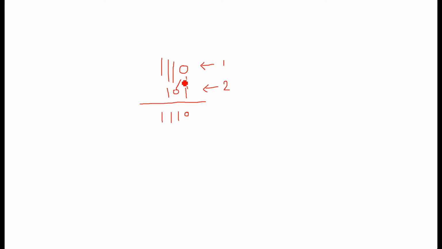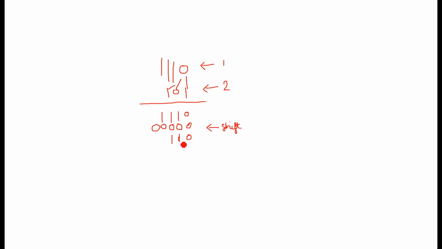Then multiplication with the second bit of input 2 will lead to 0 here. So for that we will shift this second bit answer one bit towards left, and we get 0 0 0 and 0, and the final bit is 0 1 1.